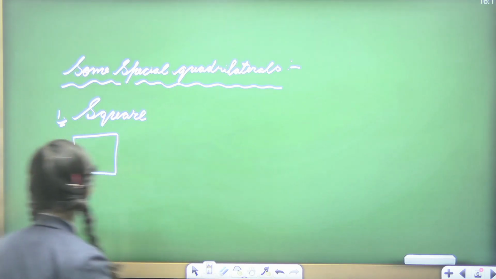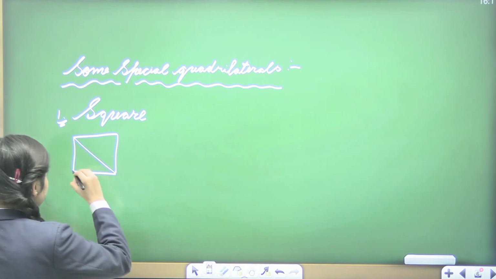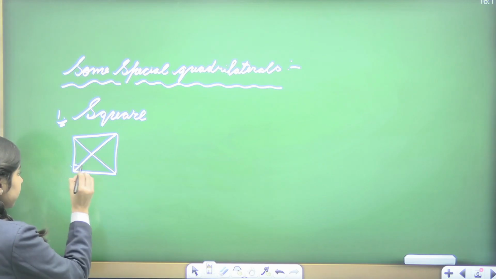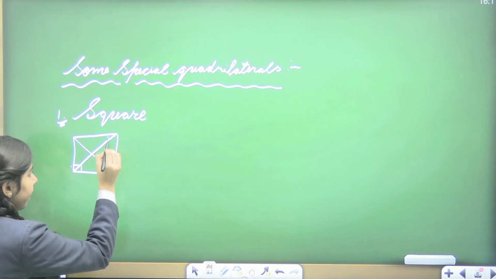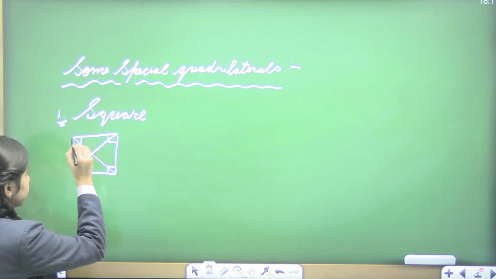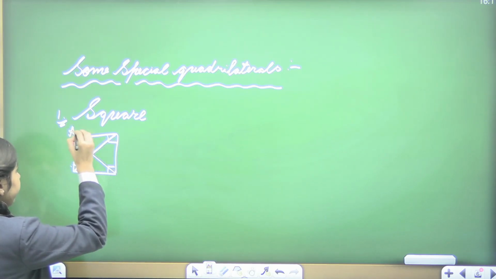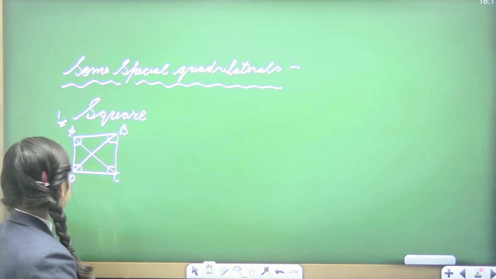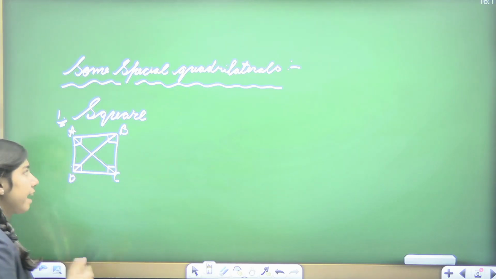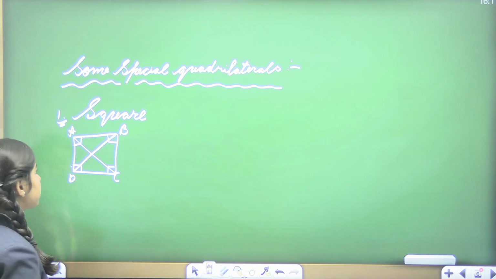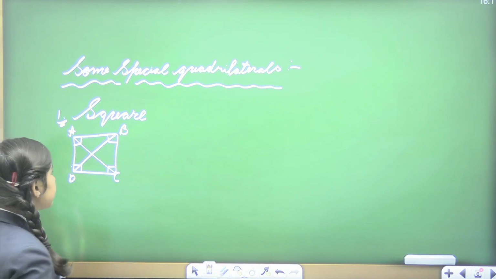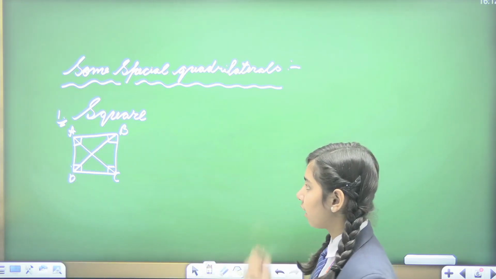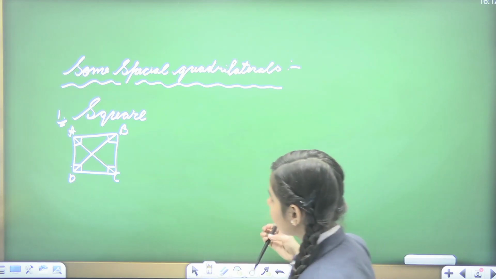So these lines are the diagonals, and these are the angles, and we can just name it A, B, C, D. So AC and BD are the diagonals, and there are angles like angle A, angle B, angle D, and angle C. And there are sides AB, BC, CD and AD.